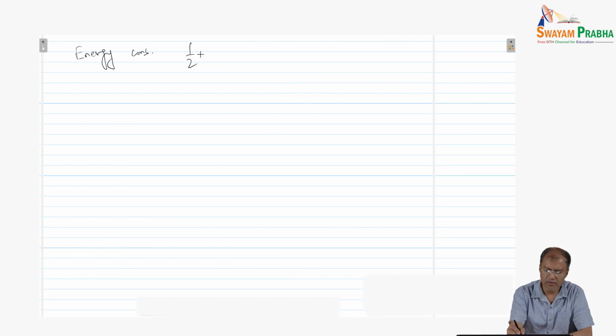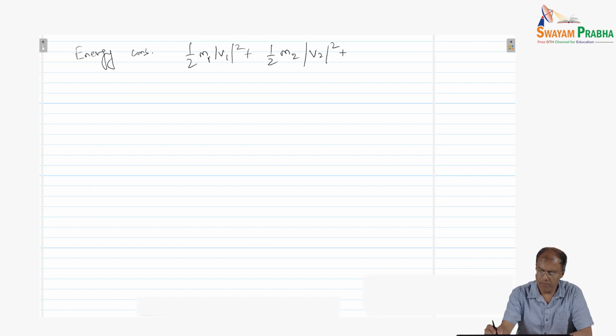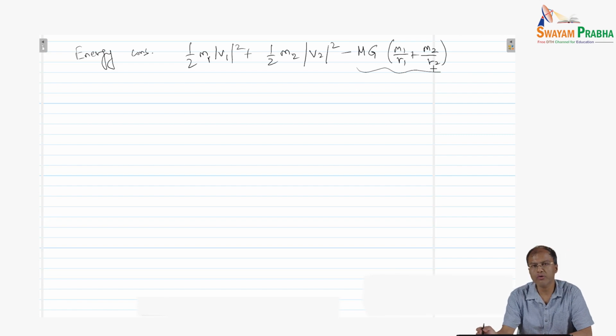So half M1 V1 square plus half M2 V2 square minus M G times M1 by R1 plus M2 by R2, and these are the contribution coming from the external components.